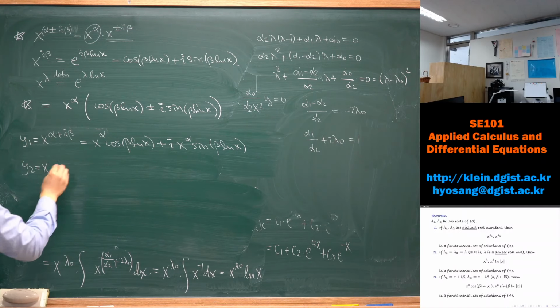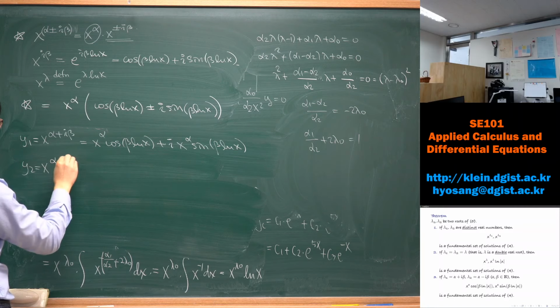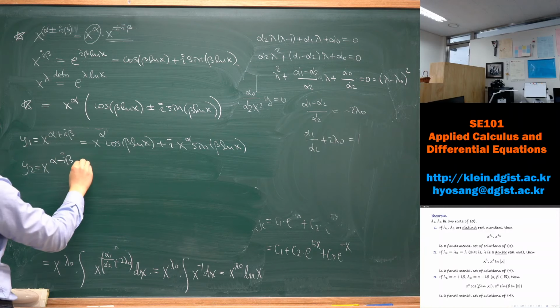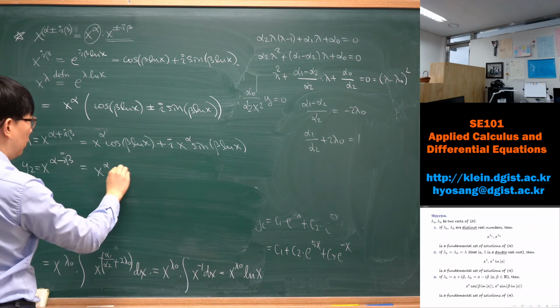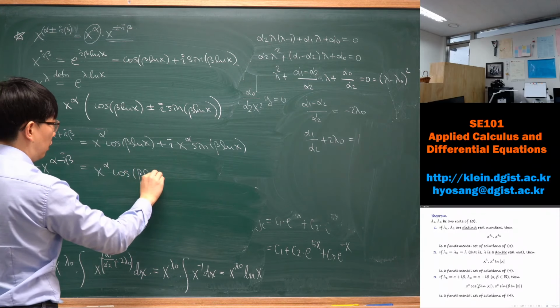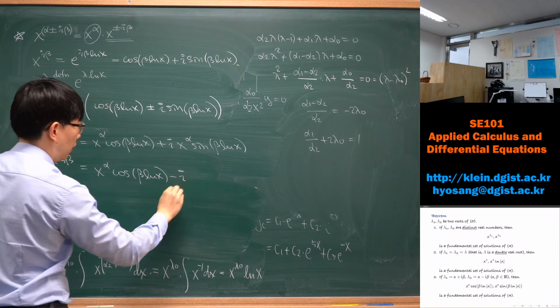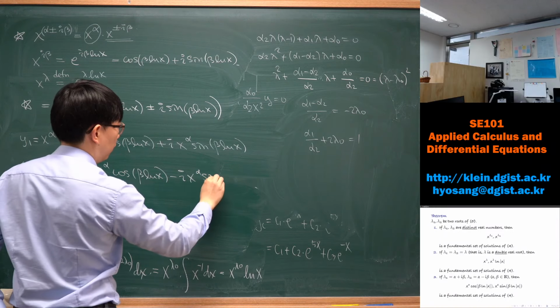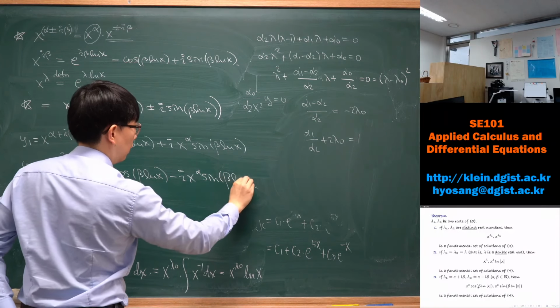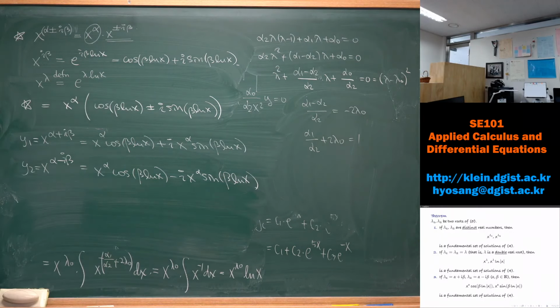And this is y2, which is alpha minus I beta, and x alpha cosine beta ln x minus I x alpha sine beta ln x.